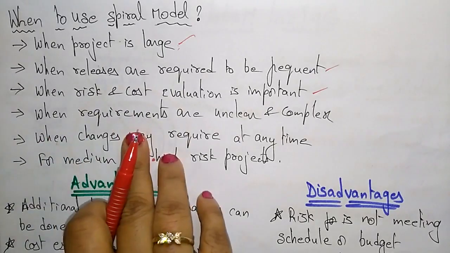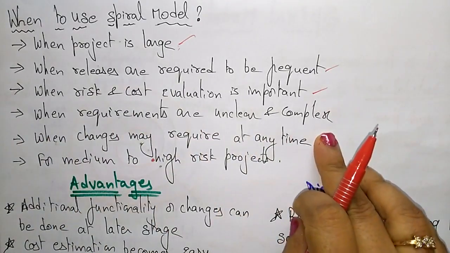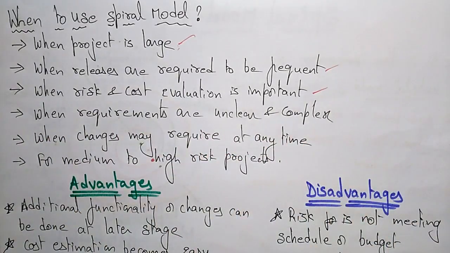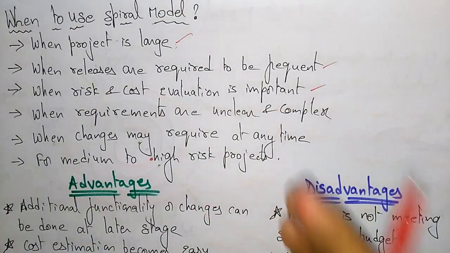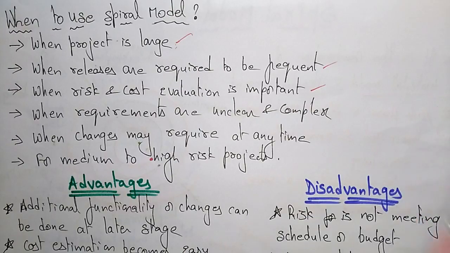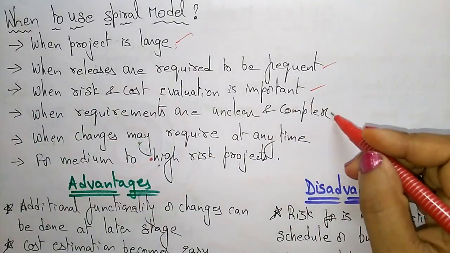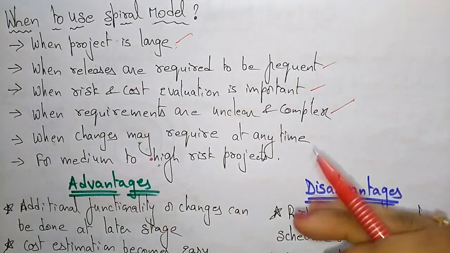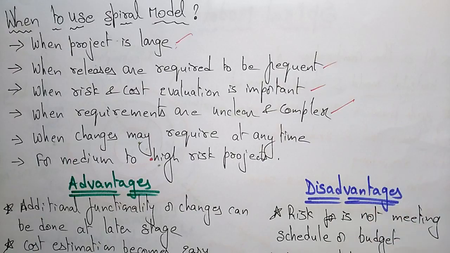When requirements are unclear and complex, meaning the requirements the customer has given are not clear and seem to be complex, then it's better to go for the spiral model. In the spiral model, we are developing a series of incremental releases, so whenever you want, you can add features to that.